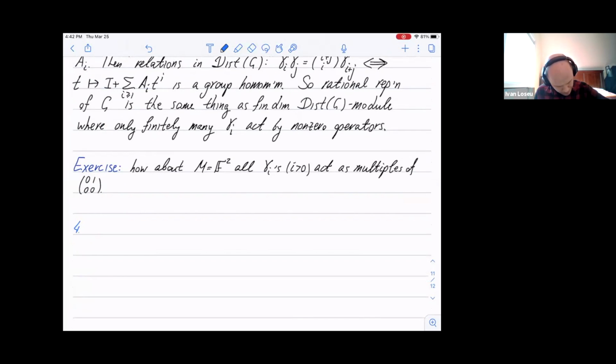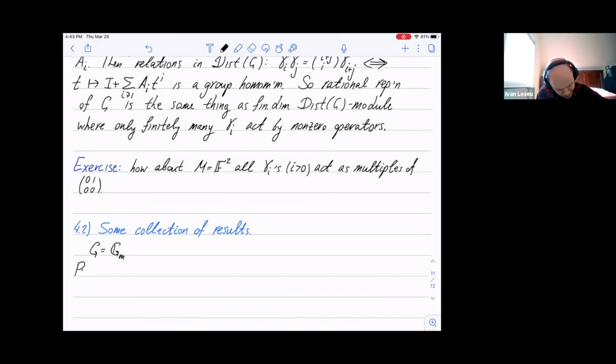So let me give you some collection of results, and then I will finish. First of all, let's talk about what happens when G is G_m, the multiplicative group. It turns out that the structure of rational representations for this group is the same as in characteristic 0.